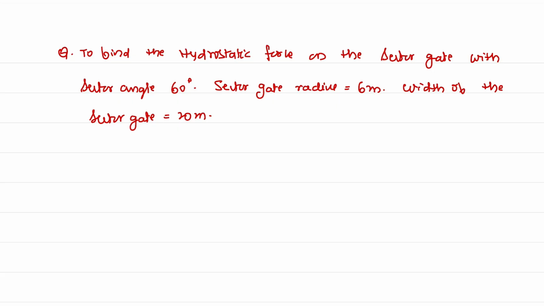Let us draw the diagram. Always try to draw the diagram visually or on paper. This is the gate, and to define the sector angle we are required to draw the circle, and the gate will be a little bit less.